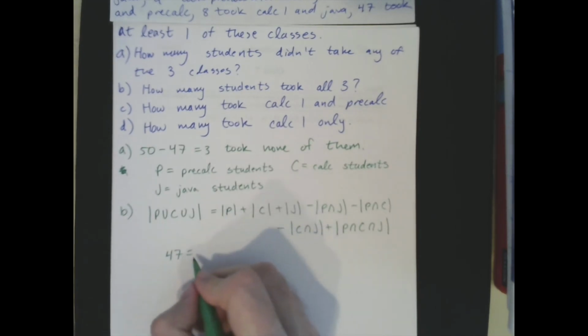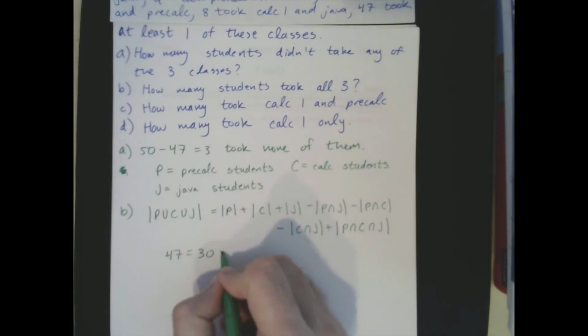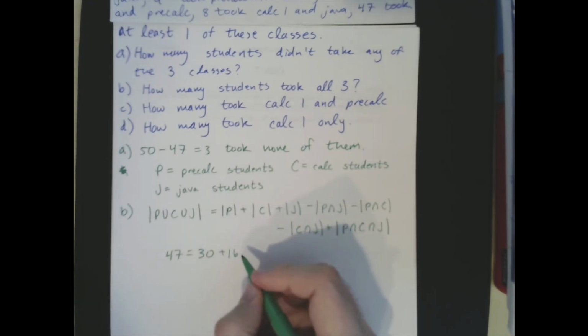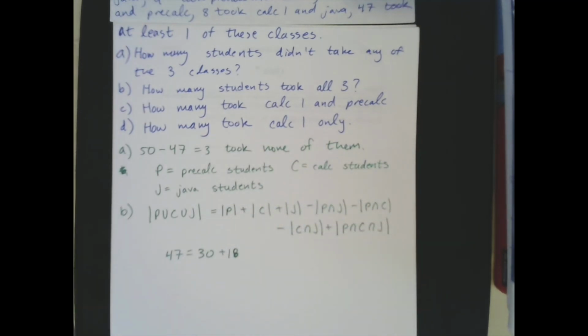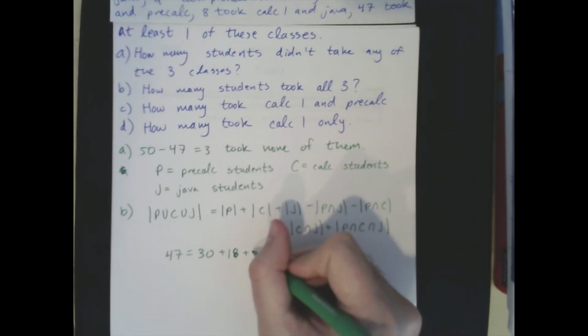There were 30 pre-calculus students, 18 calculus students, and then 26 Java students.